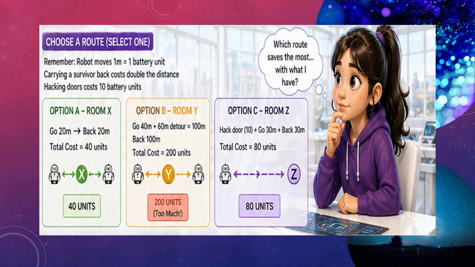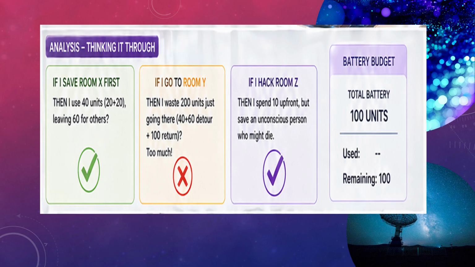So here we are analyzing the conditions. If I save room X first, then I use 40 units and I will have 60 units left. Room Y is out of the question because it needs 200 units, which the robot does not have.